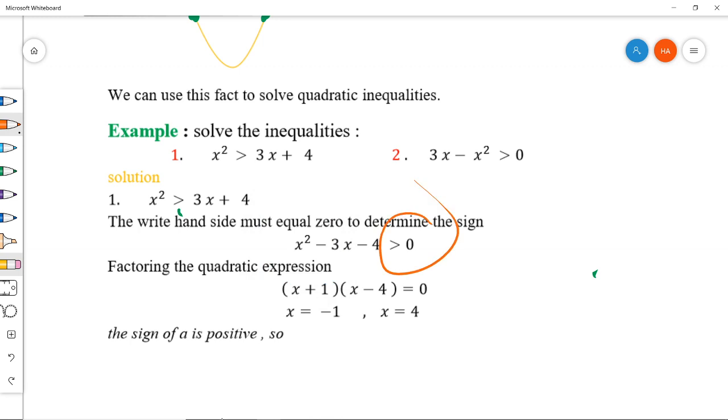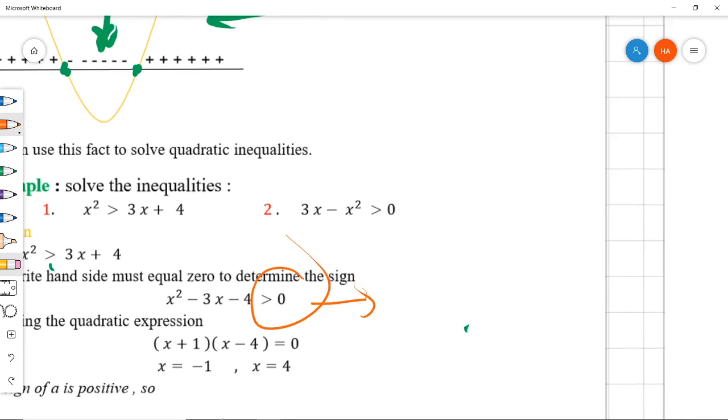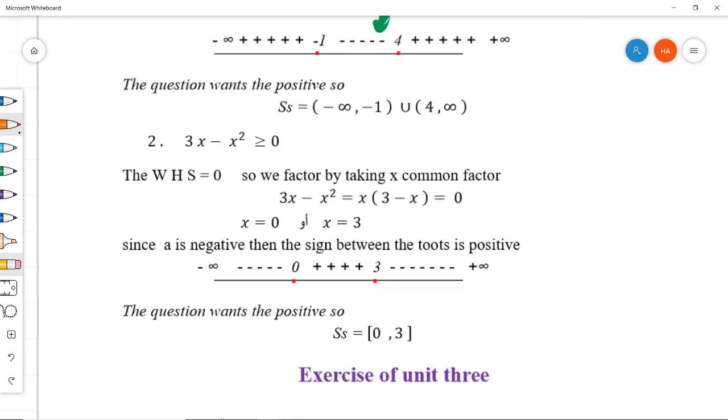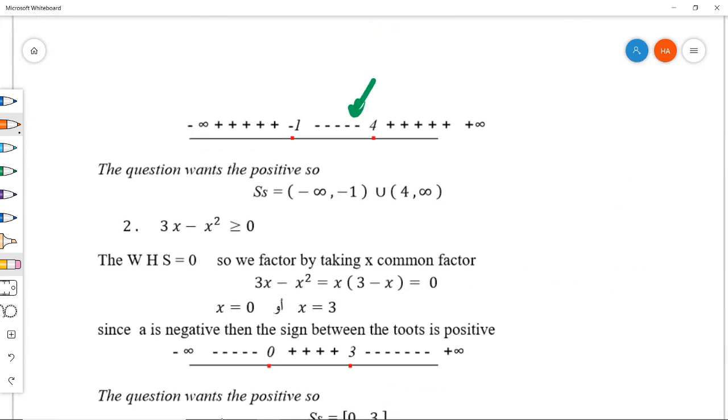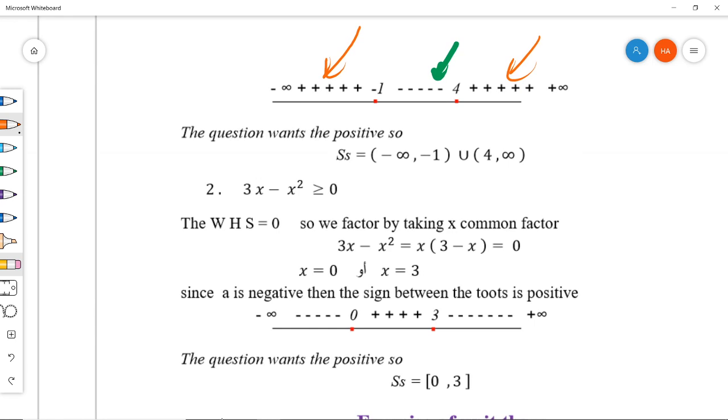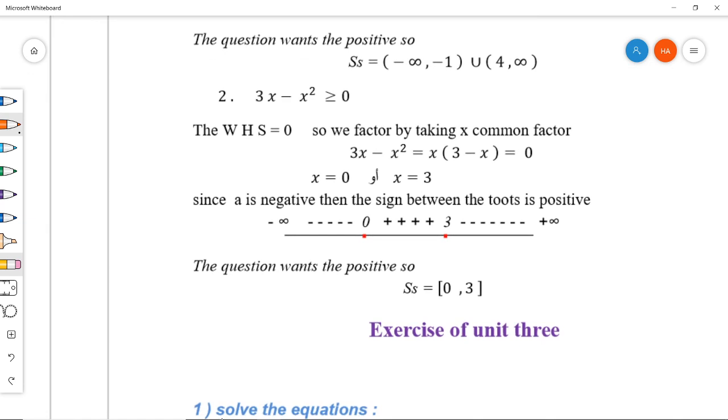So greater than 0 means positive sign. شو بدنا البوزيتيف sign. So the positive sign is here and here in this interval. So from negative infinity to negative 1 and from 4 to infinity is the solution set.